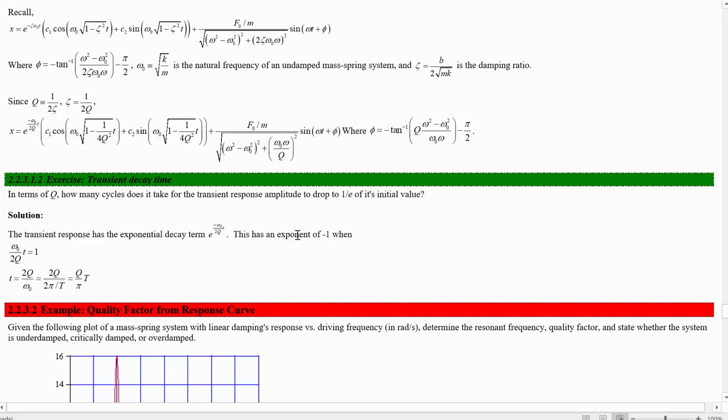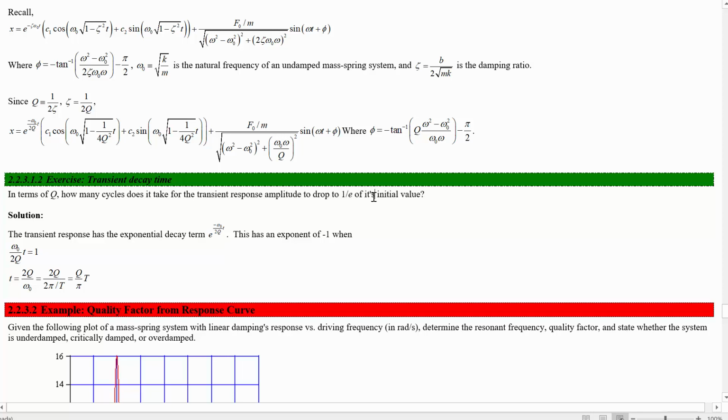So this will be multiplied by 1 over e when this exponent is -1. So that's when omega t over 2Q is 1, which means you need a time of 2Q over omega. And substituting in omega as 2 pi over T that we found out earlier, that's Q over pi periods. So that's how long it will take for the amplitude to drop to 1 over e of its initial value.